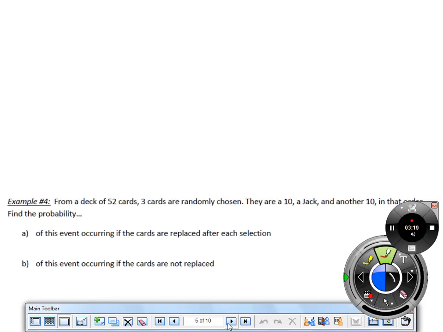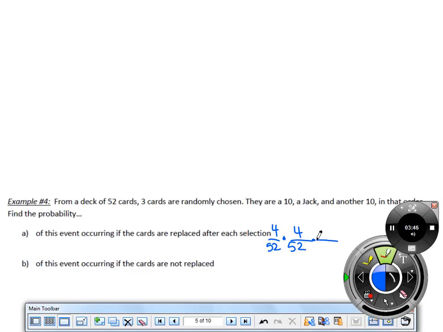All right, so from a deck of 52 cards, 3 cards are randomly chosen. There are a 10, a jack, and another 10 in that order. Find the probability if the cards are replaced. So if they are replaced, to get a 10 would be 4 out of 52 times a jack. No jacks have been taken out, so 4, and the cards are replaced here, so they're all in there every time, out of 52.